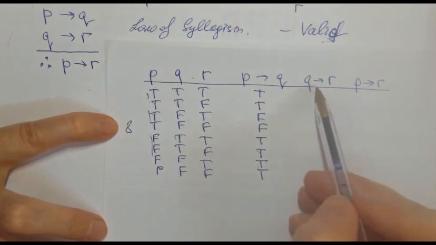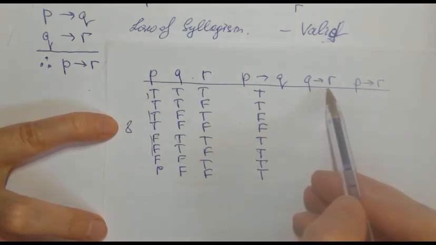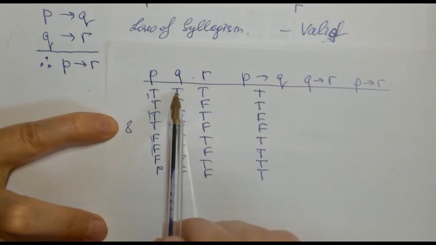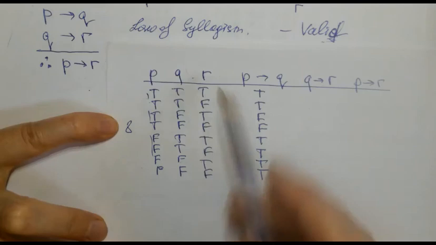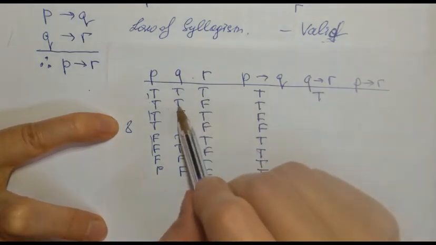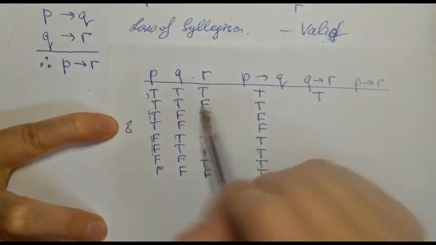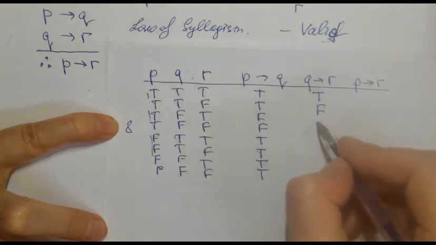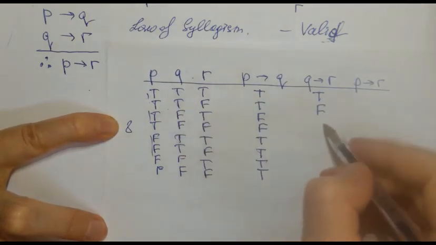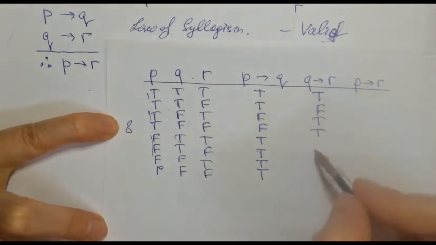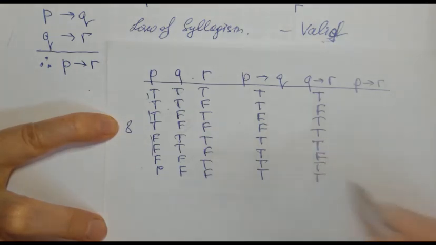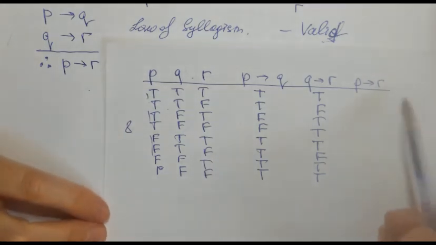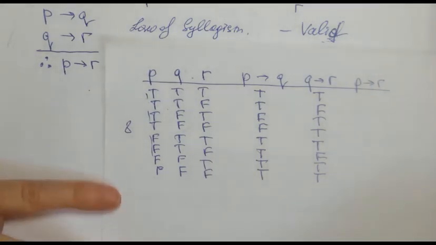So the second column, if Q, then R, hypothesis is Q. When it is true and conclusion is true, we have T. When hypothesis is true, conclusion is false, we have F. Hypothesis is F, we have T. And the same T, F, T, T.